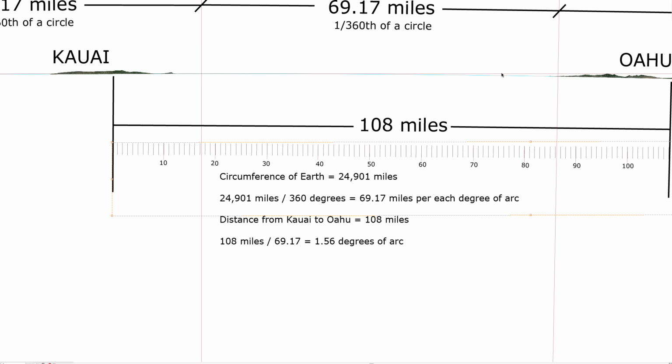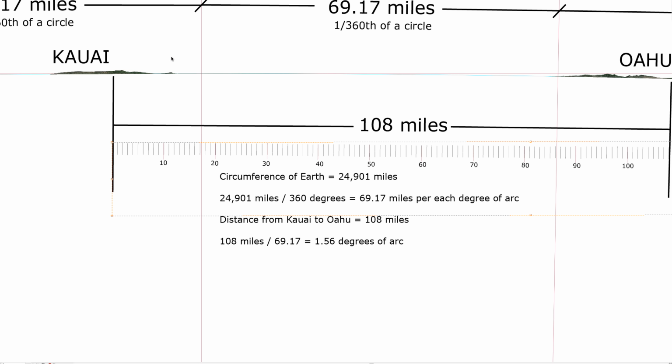Okay, so you can see the red line. The red line just cuts right through the top of Kauai. So if you're over here and you're trying to look at Oahu, if we're on a curved surface or a spherical Earth, this island would basically be below the horizon. You wouldn't be able to see it.